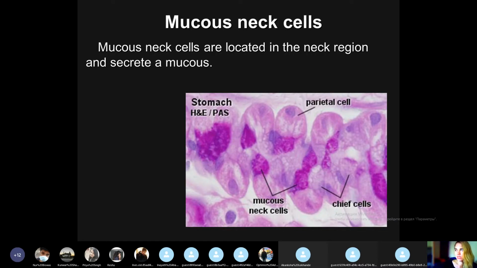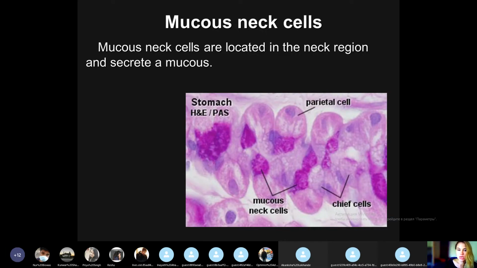We know that the pH of the stomach is from 1 to 3, and this pH provides protection against microorganisms. So if any pathogenic flora invades our digestive system with the food, the hydrochloric acid splits the bacterial wall, and as a result, it provides protection.